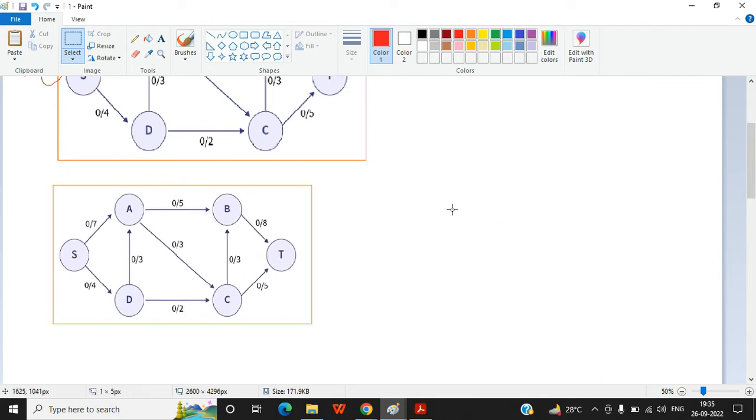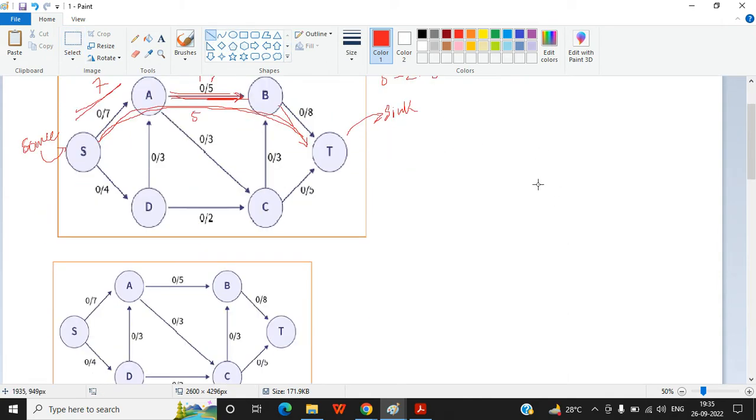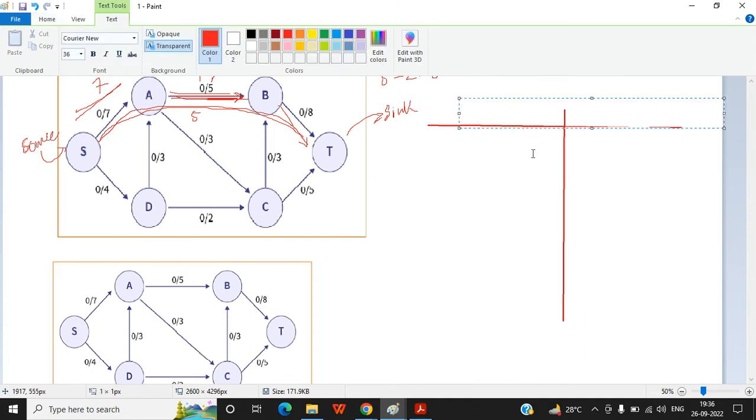Let me draw a table, I can draw a table like that. Here you will find the augmenting path, and here you will find the bottleneck capacity, right?